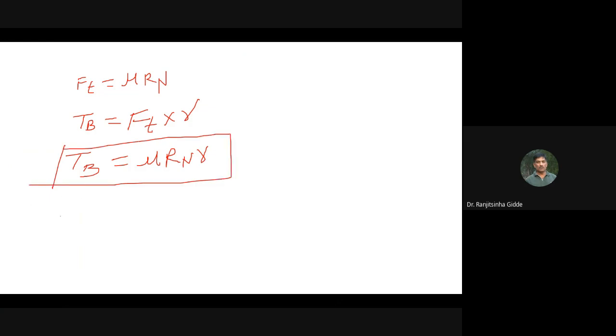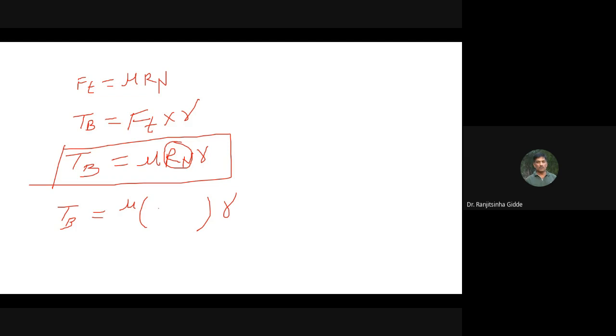Now, in the first case, the value of this Tb is equal to, so we need to put the value for this mu and here R. So what was the value of that Rn? That we have already seen.